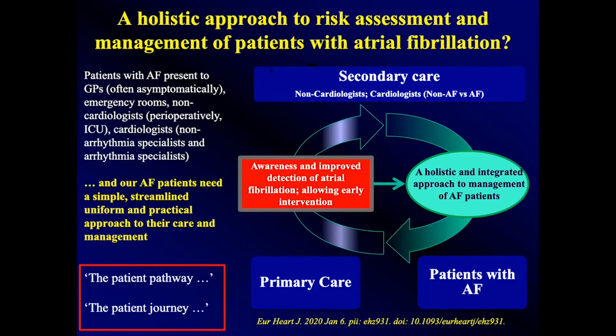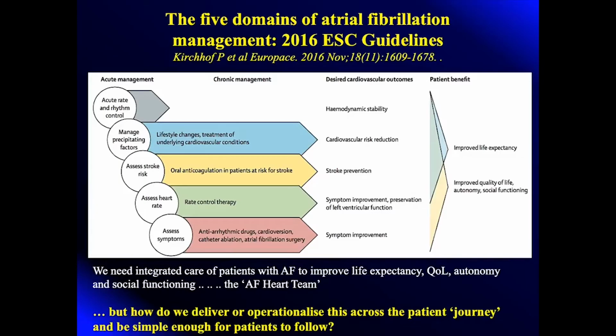This has been attempted in prior guidelines. There have been the so-called domains of atrial fibrillation management which have been proposed in prior guidelines. And indeed, these domains include what we're talking about with regard to acute rate or rhythm control, managing the precipitating factors, assessing stroke risk, assessing heart rate, and managing symptoms.